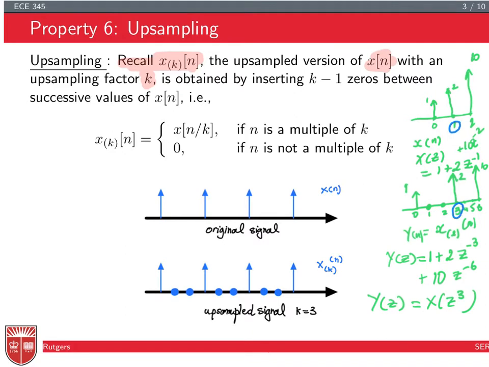And whatever was at negative 2, it became the same impulse, but at z to the negative 6. So I'm always multiplying by 3, and this is how I get the formula. And in the next slide, I will give the general formula here.